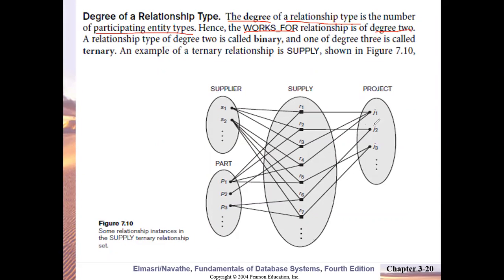So here you can consider supply as the relationship between 3 entities: supplier, project, and parts. This relationship supply is of degree 3, and hence it is also called a ternary relationship. So a relationship type of degree 2 is called binary. A relationship between 3 entity types is called a ternary relationship.